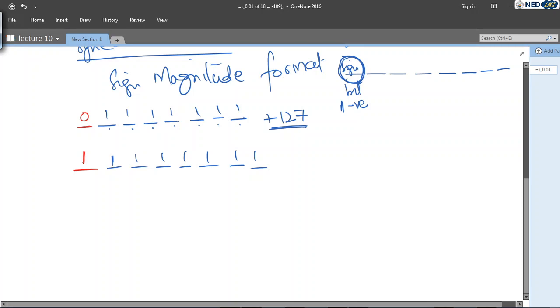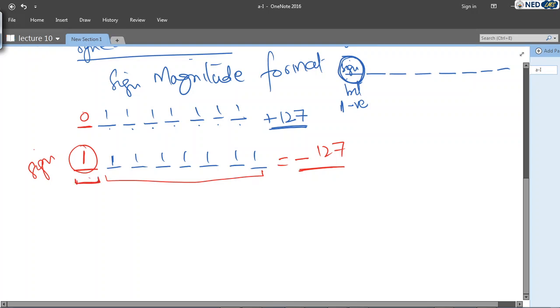What would the maximum negative number be? If this bit is only taken as the sign bit and does not have any magnitude associated with it, it will be negative due to this, and minus 127. The magnitude is 127, but since this bit is placed as 1, we took it as minus.